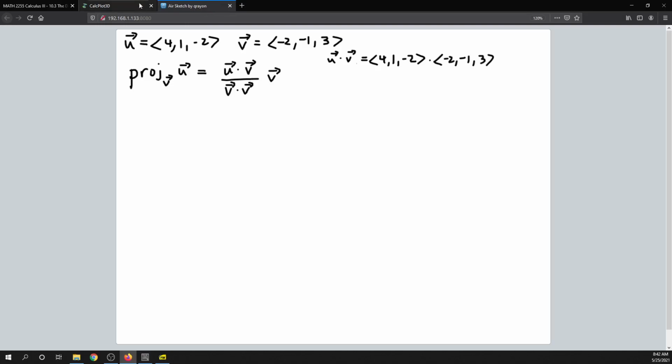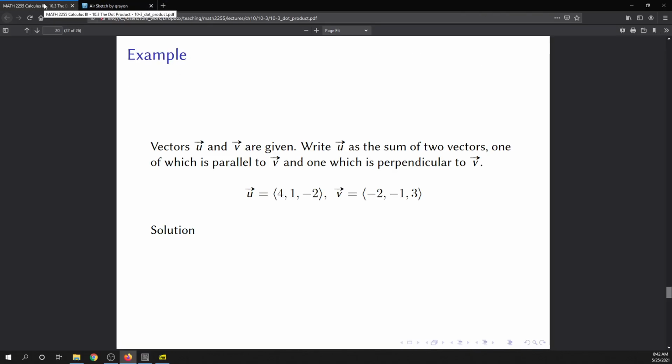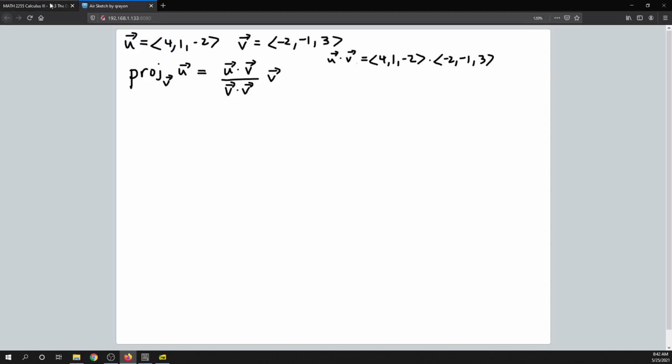Let me just double check those. Okay, so when you dot that, you're going to get 4 times -2, that's -8, plus 1 times -1 is -1, plus -2 times 3 is -6.